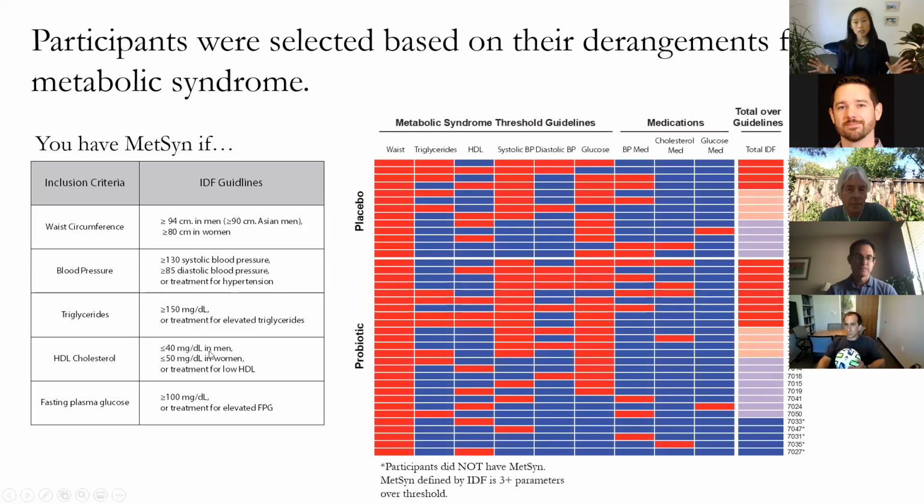So to give a quick snapshot of what our cohort looked like, each of these rows in a heat map here is a participant. It's a red block if they're over that guideline and a blue if they're under. And so because it needs to be 2 or more, we added them up in this final column here, and you can just see the spectrum of metabolic syndrome that people were on during this study.